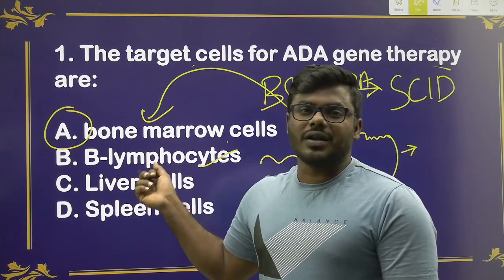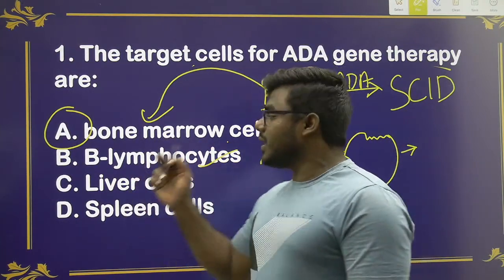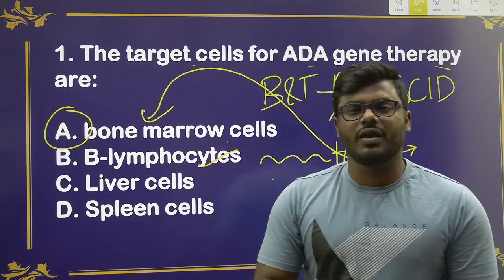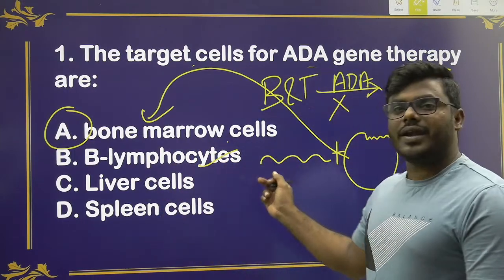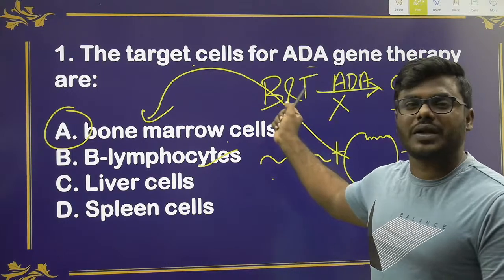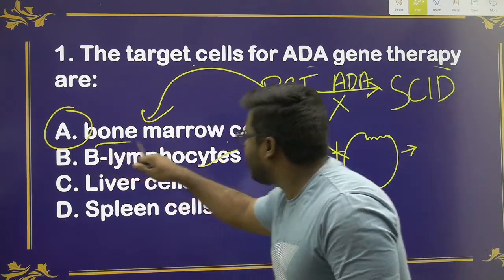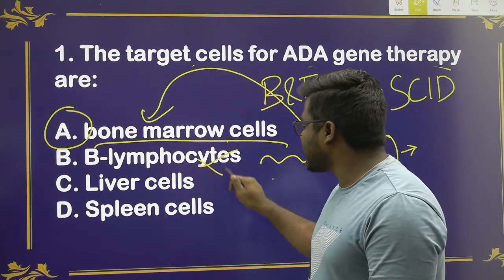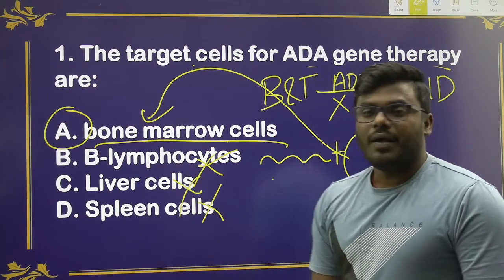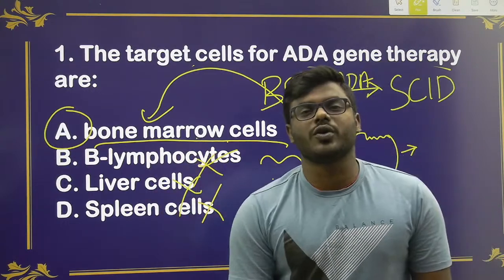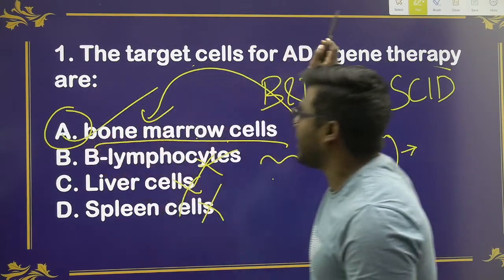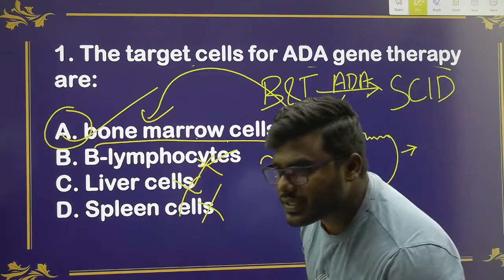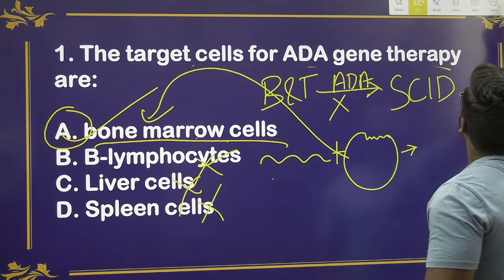So if a person is not producing enough ADA, by using rDNA technology we introduce this ADA gene into the bone marrow cells, not the B lymphocytes. That's completely wrong, because bone marrow is the major producer of ADA. Hence the correct answer will be A. Slowly think and answer. Good, Aparjita, good.